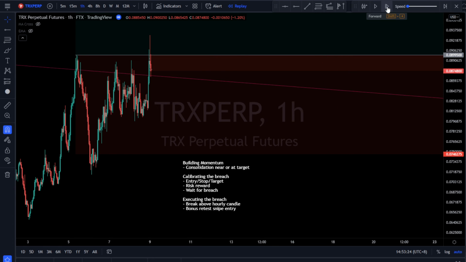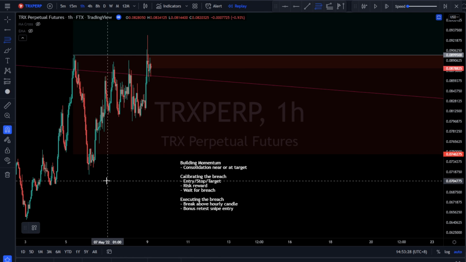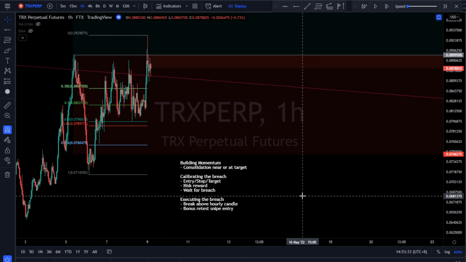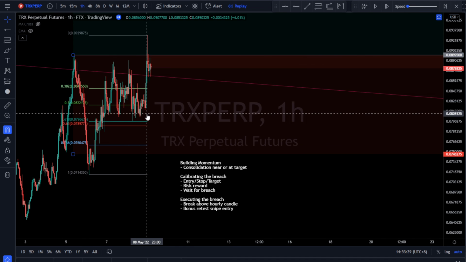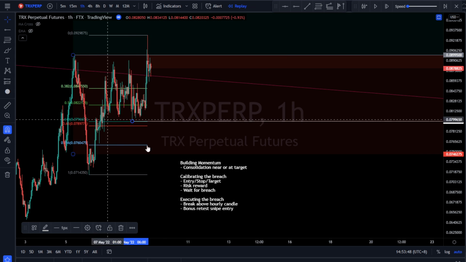Now we're in the trade and we can look out for a retest as well. I would draw a fib level from here to here. Maybe this low here for a bonus entry, in line with the 618 retracement.